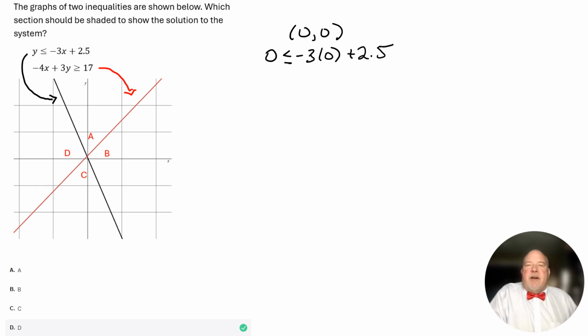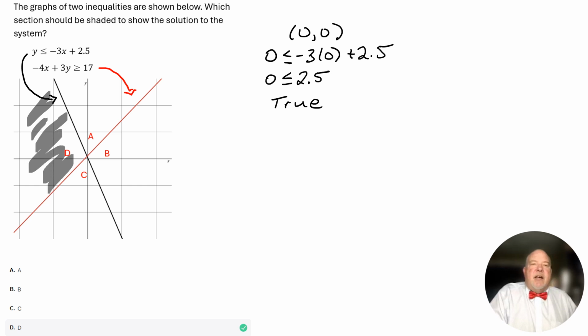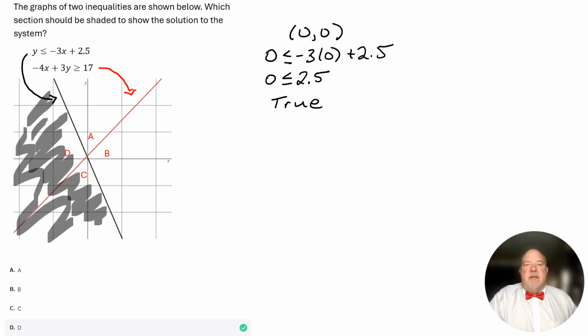And so I simplify this down and I get 0 is less than or equal to 2.5. And that is true. So that means I'm going to shade on the side where the 2.5 is. So I'm going to shade on this side over here. I know that's beautiful shading.